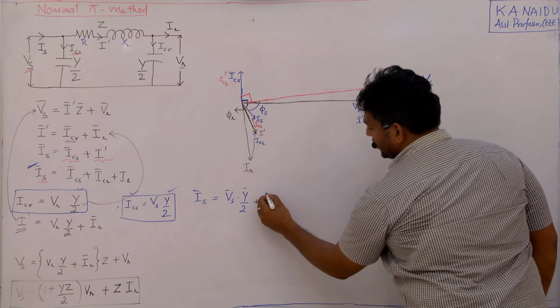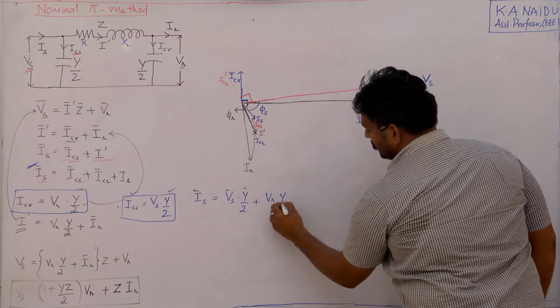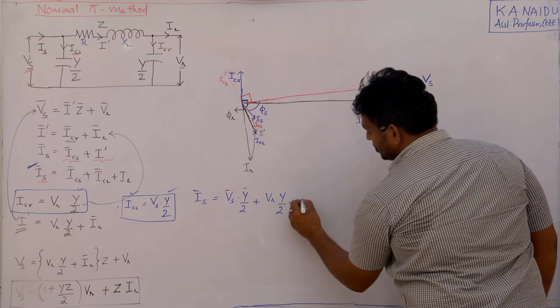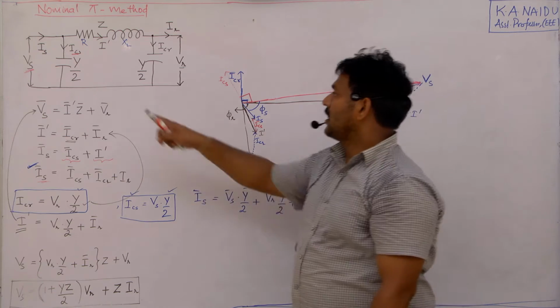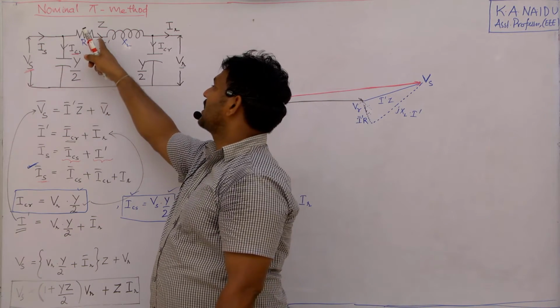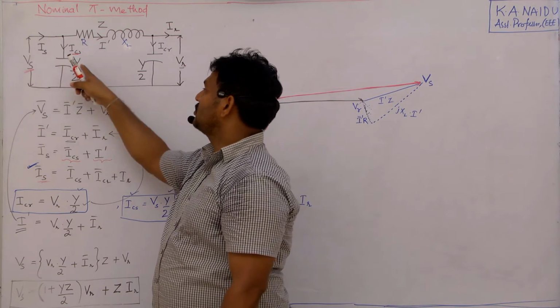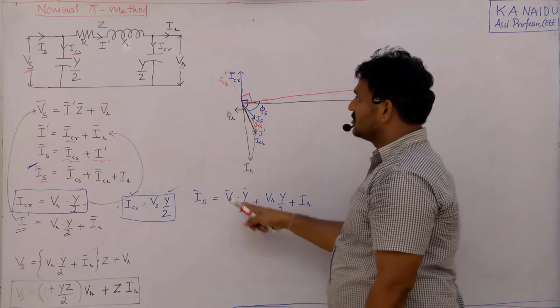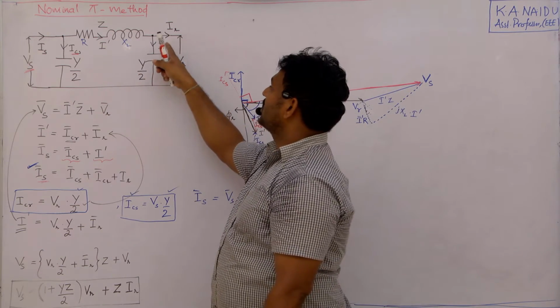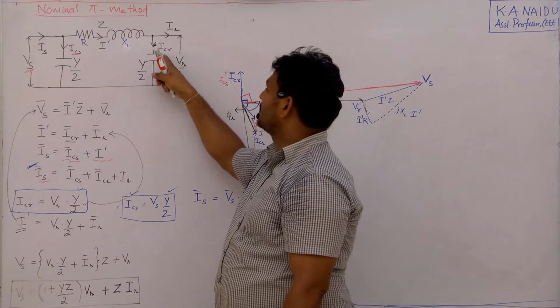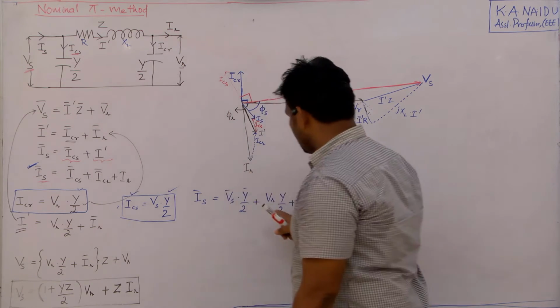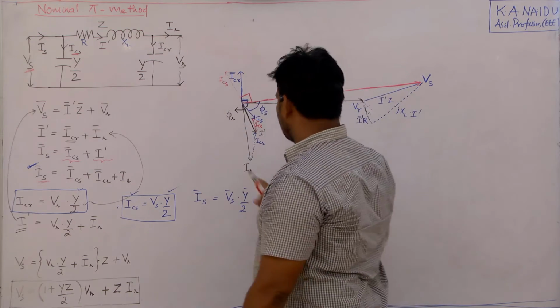So ICR is VR into Y by 2 plus IR. All of you are able to follow this equation. Is is equal to ICS plus I dash. ICS is Vs into Y by 2, so that is written here. I dash is nothing but IR plus ICR. ICR is VR into Y by 2, that is written here, plus IR, that is written here.